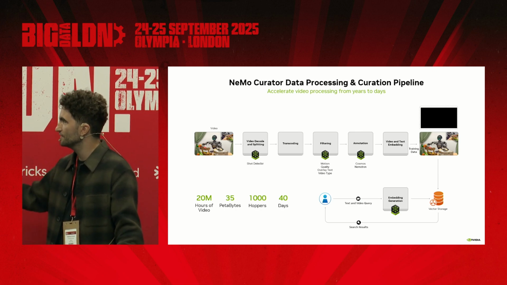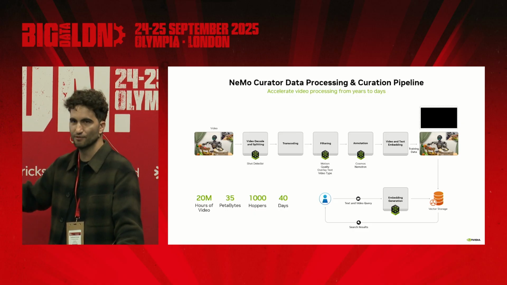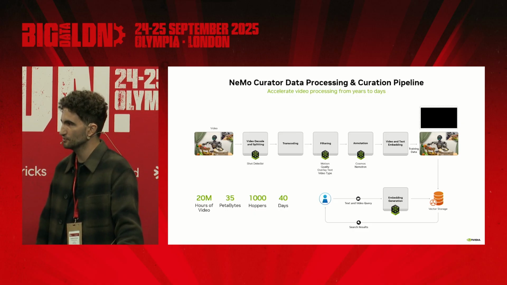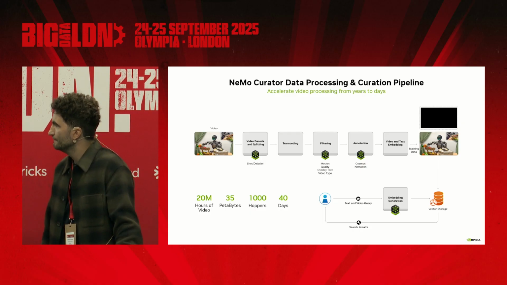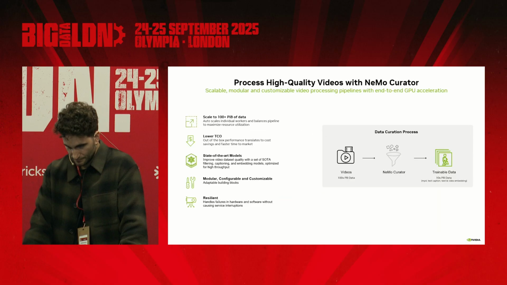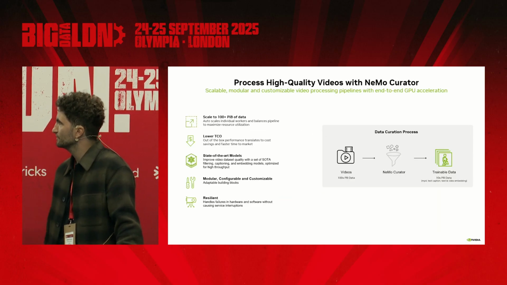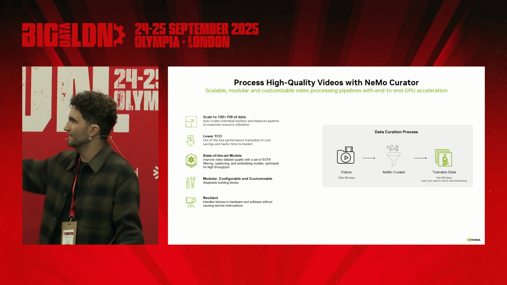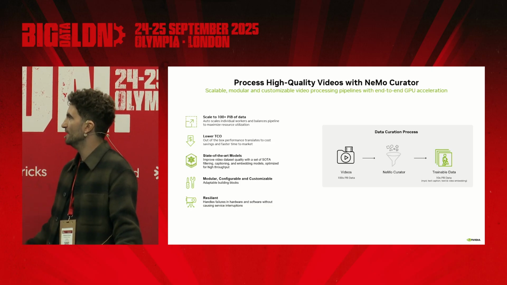So we've trained this Cosmos model on many, many millions of hours of videos, and you can then leverage it on your own internal data sets to label both images and videos. Again, it's a very similar type of workload, but at a different scale. When it comes to videos, we're talking petabytes.